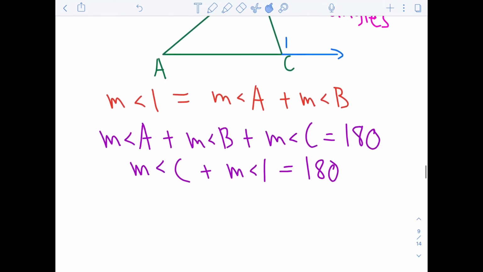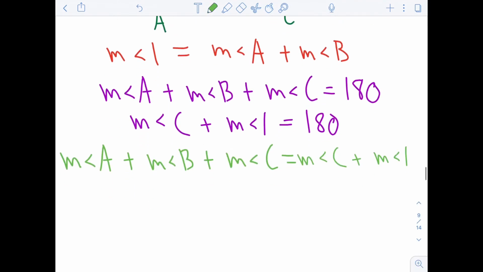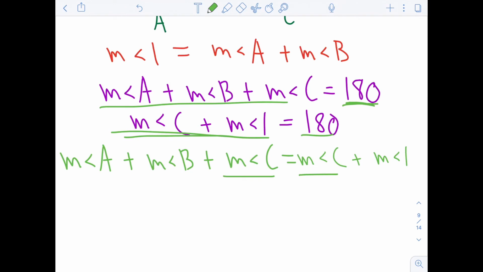So what we can do with this information is for 180, I can substitute measure of angle 1 plus measure of angle C. Because these both equal 180, I can just set them equal to each other. And now as you can see, the left and right side both have measure of angle C. So what I can do is subtract that from both sides.